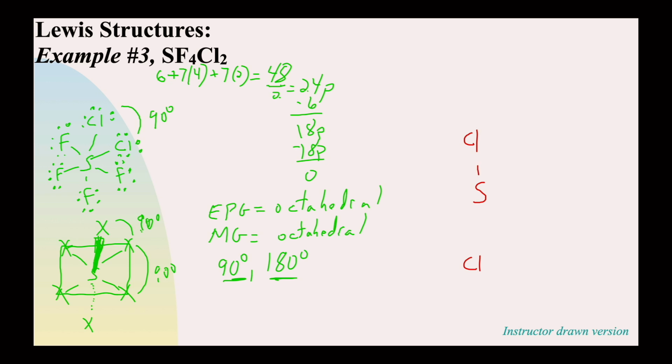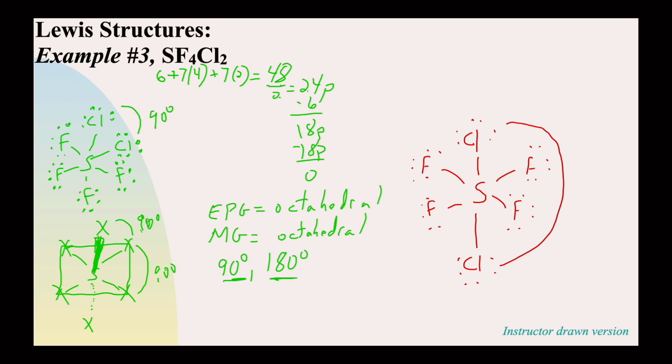So when I draw the lone pairs and I fill in the fluorines, notice now how the chlorine-sulfur-chlorine angle is 180 degrees.